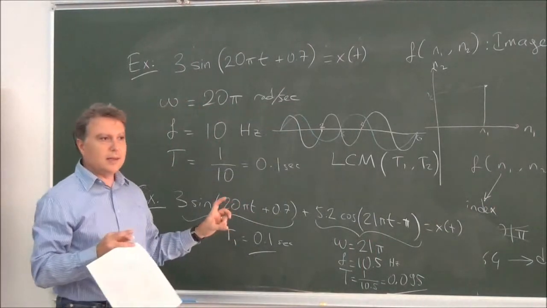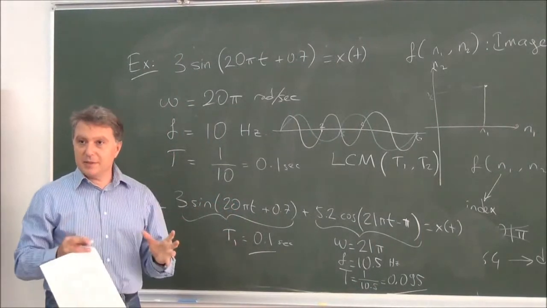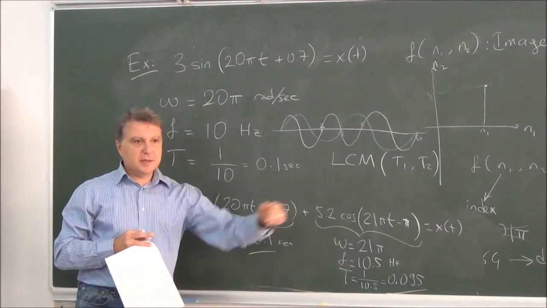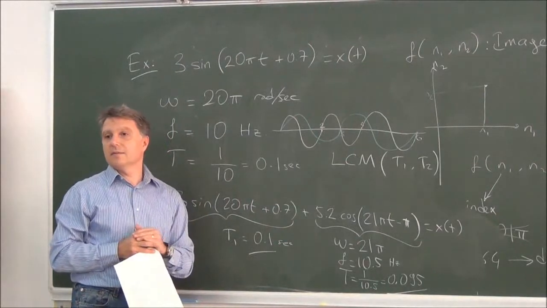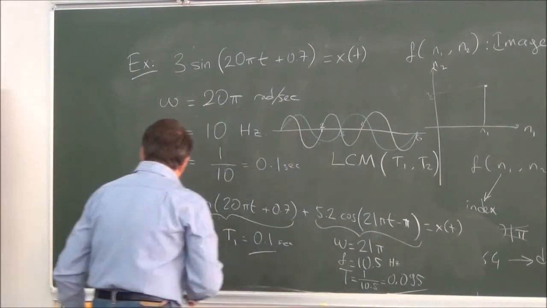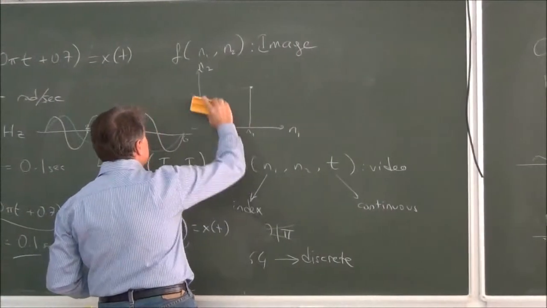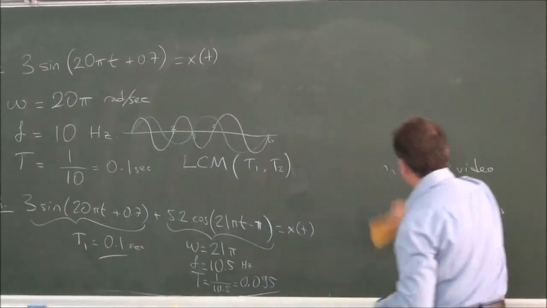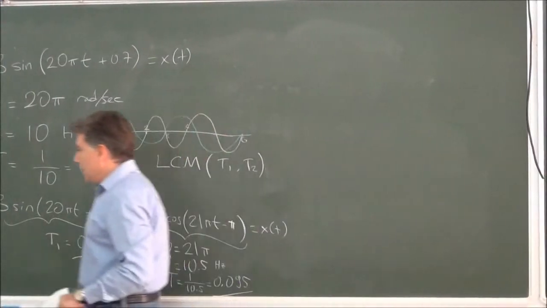The combined thing will have a period, which is the least common multiple of the individual periods, and from there you invert it to find the fundamental frequency. But we are still in the continuous time world. Now let's give an example about discrete time.